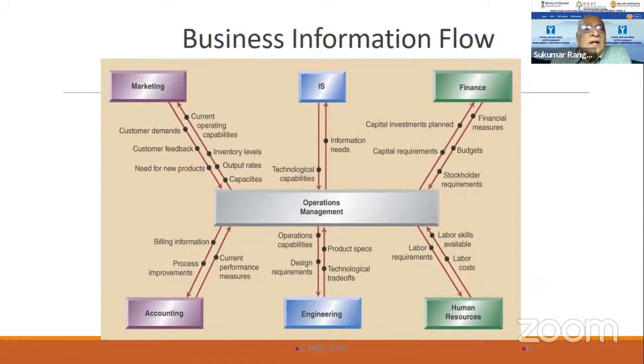Like in the case of, let's say, starting with marketing. Marketing is the one which supplies information on what kind of forecasts for what products and product mix are to be produced, what the customer demands are, what the customer feedbacks are, what the needs are for new products or new models to be introduced, what the current operating capabilities are, and the inventory levels to be maintained, because some products may be seasonal and you may expect a sudden spurt in demand during certain periods, for which inventory levels have to be shored up.